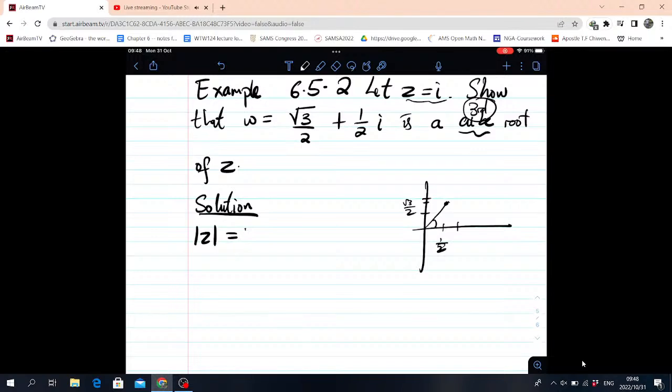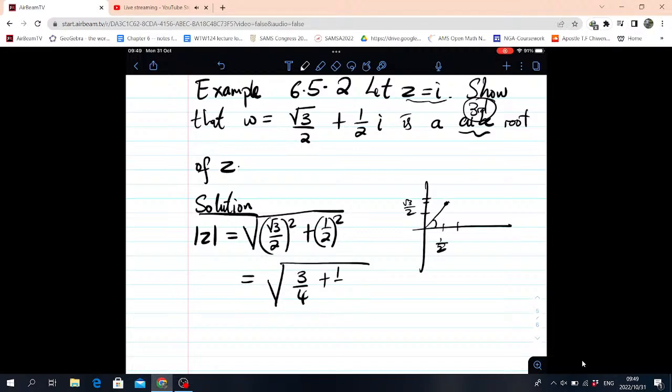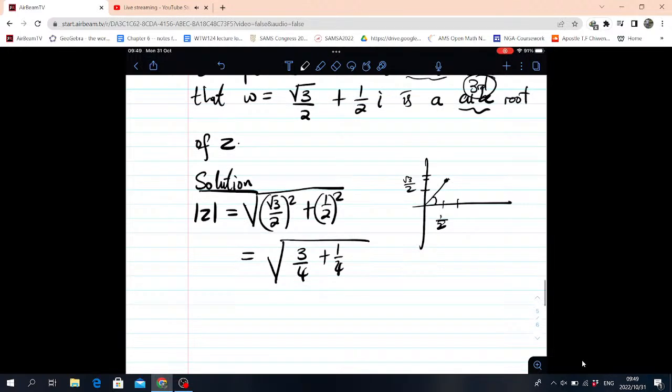It is going to be equal to the square root of root 3 over 2 squared plus half squared, which is the square root of 3 over 4 plus 1 over 4, which is equal to 4 over 4, which is 1, right? So the square root of 1 is 1. So we know that the modulus of that is 1.